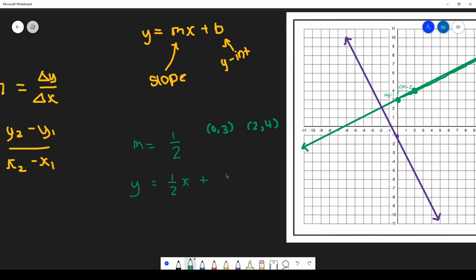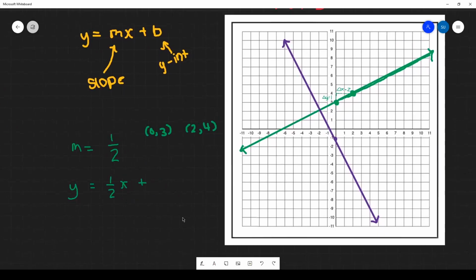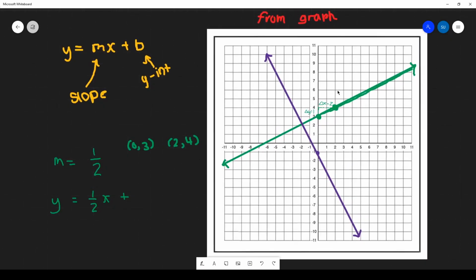And then now the only thing left to write or find is our b. But really we've already found that. We see that the line intersects the y-axis at 3, or 0, 3. So the y-intercept is going to be 3. And that's going to be our b value for this equation. So we see that this line, this green line, corresponds to the equation y equals 1/2 x plus 3.